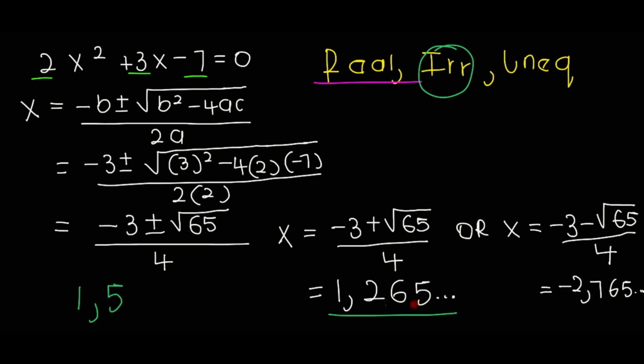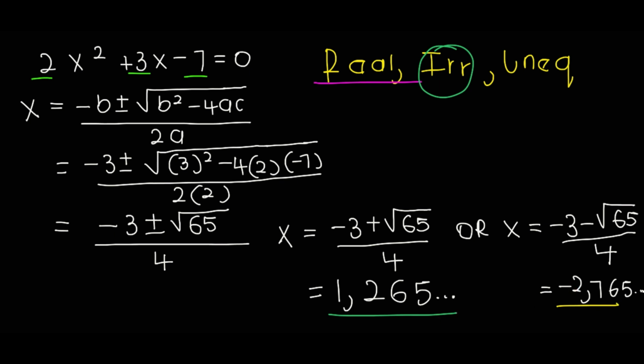This is a non-terminating decimal, and you can see that it doesn't have a pattern. Let's say you see 2.53, 53, 53 and so forth, then it would be rational, but this is not the case. So this is irrational.